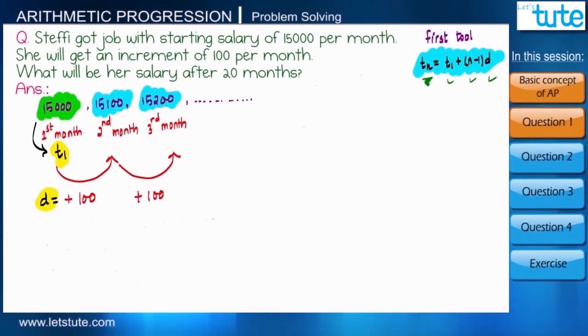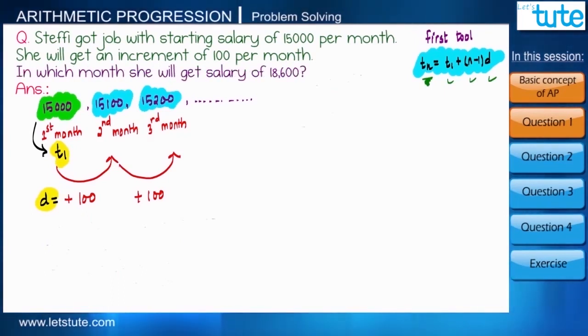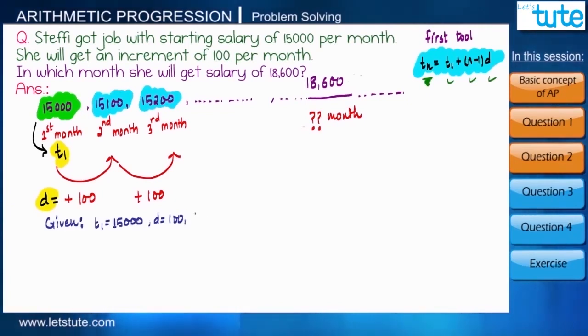Now let me twist the question a little bit. You tell me in which month her salary will be 18,600. Can you guess what is given and what is asked? See, T1 and D will remain the same, but this time the value of the term is given, that is Tn equals 18,600, and the position of that term is asked.